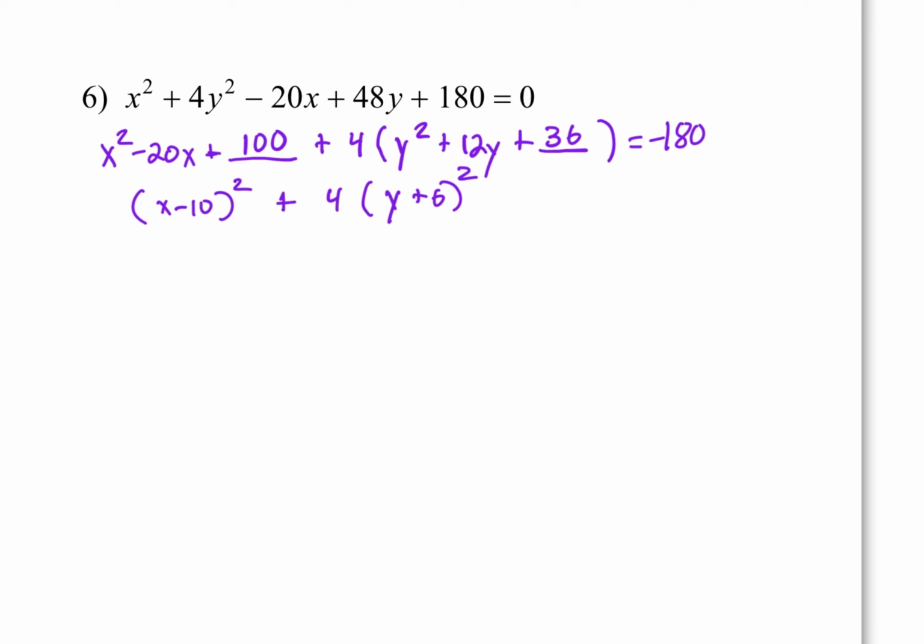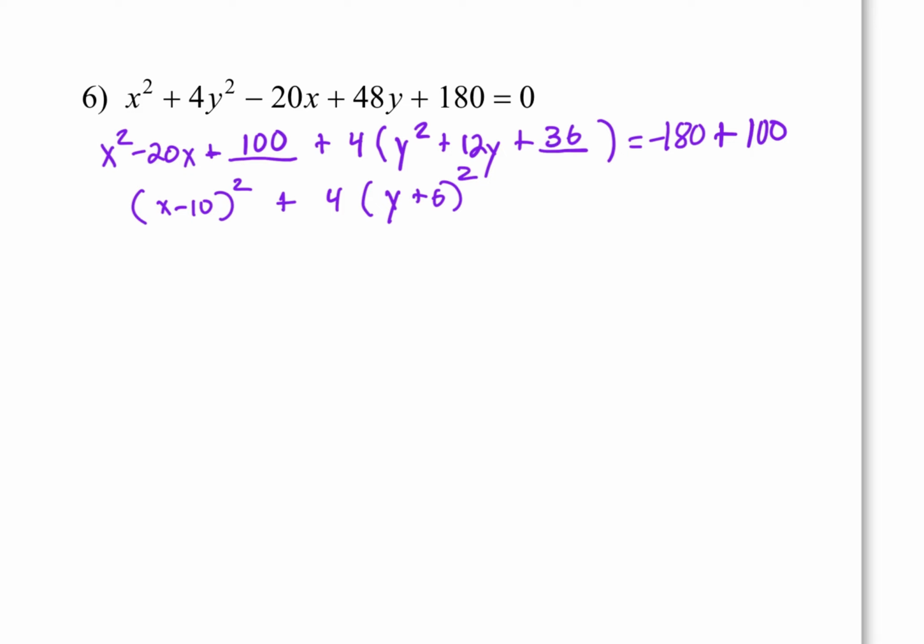Okay, but I've added things on, and you can't forget that we've added things on. I've added 100 on. Do I add 100 on the other side, or do I subtract it? Add it. Since it's the other side of the equation, I have to add it. So I have to add 100, from this 100 right here.